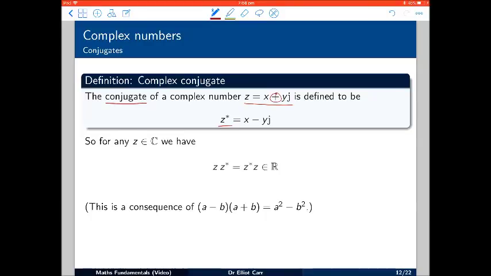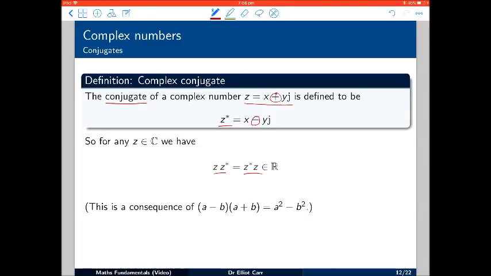Whatever the sign is for the original complex number, we change it, so the plus becomes a minus. Now if we multiply z by its conjugate, or do the reverse, multiply the conjugate by z, we always get a real number.